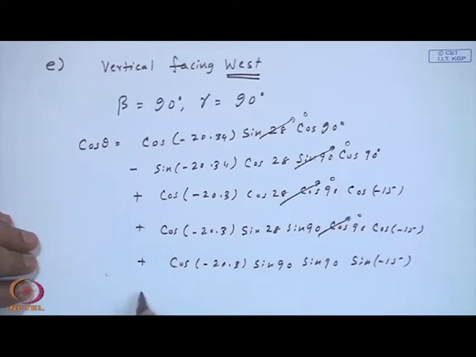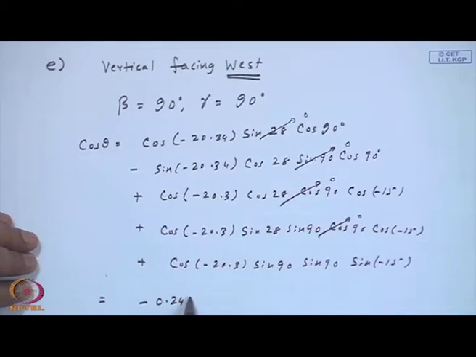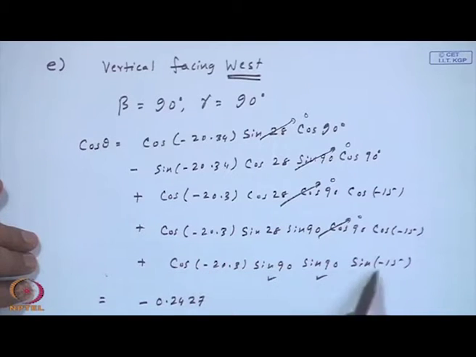So, you have ultimately minus 0.2427, that is only this particular, this is 1, this is 1, and sin minus 15, cos this is positive, so it becomes negative. Okay.